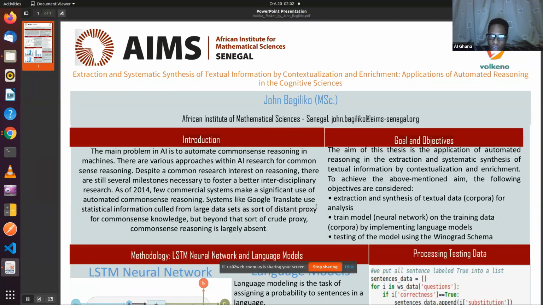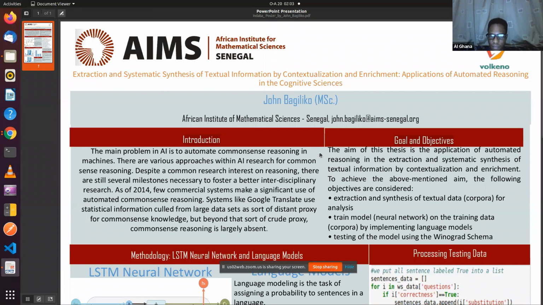So in this work, we focused on training a neural network model based on language models to be able to disambiguate, or tell which sentence is correct based on the disambiguation of the sentence, such as the one I've already mentioned.